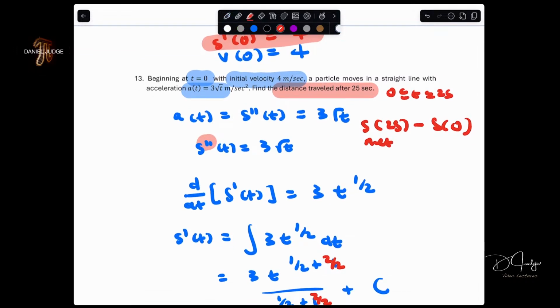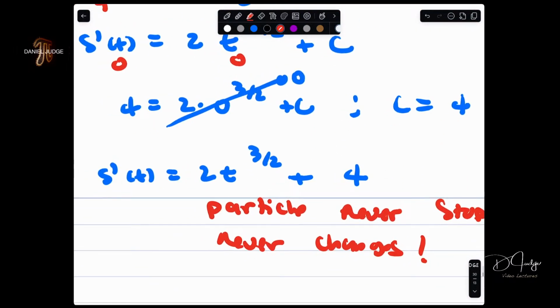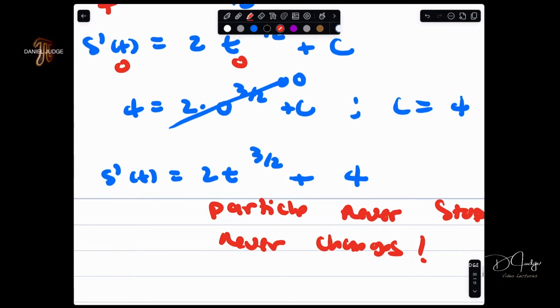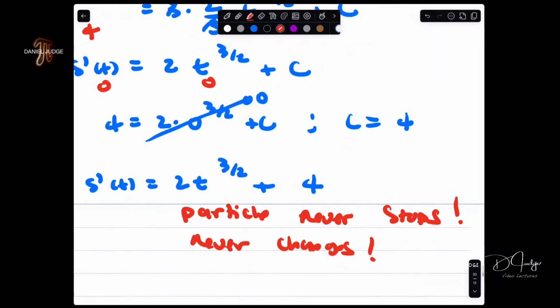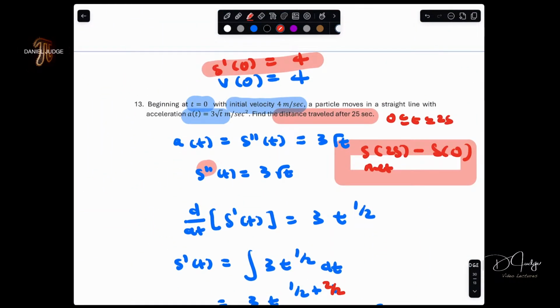That's something that people maybe don't realize. So it's going to be s of 25 minus s of 0 because the particle never stops and never changes direction. Think about that. Sign analysis on the first derivative is never zero, so we can't change from positive to negative. That's always positive. This particle is always moving to the right.